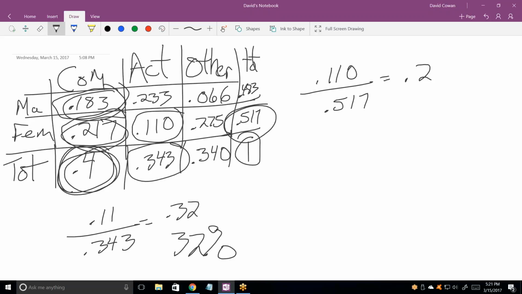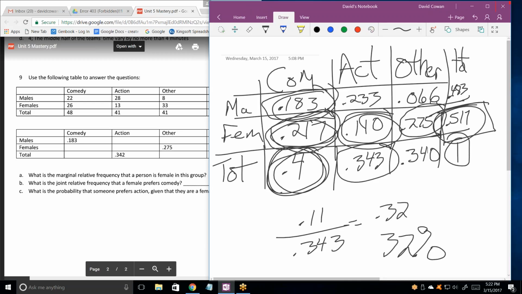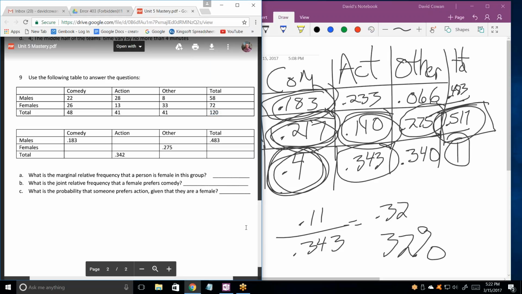Yeah, and that makes sense. Only 21% of females like action movies. About 40% like comedies, and more than 50% like other. And you get those by dividing this number by this number here. That I'm sure of.